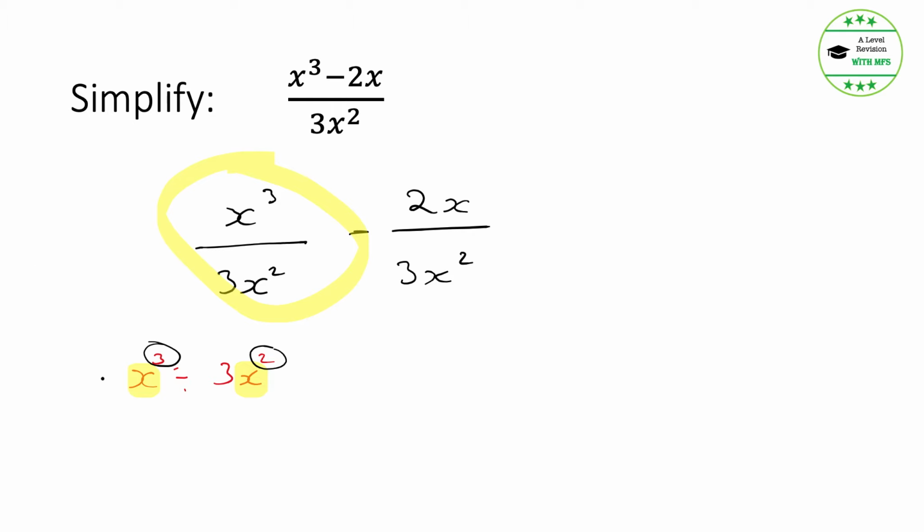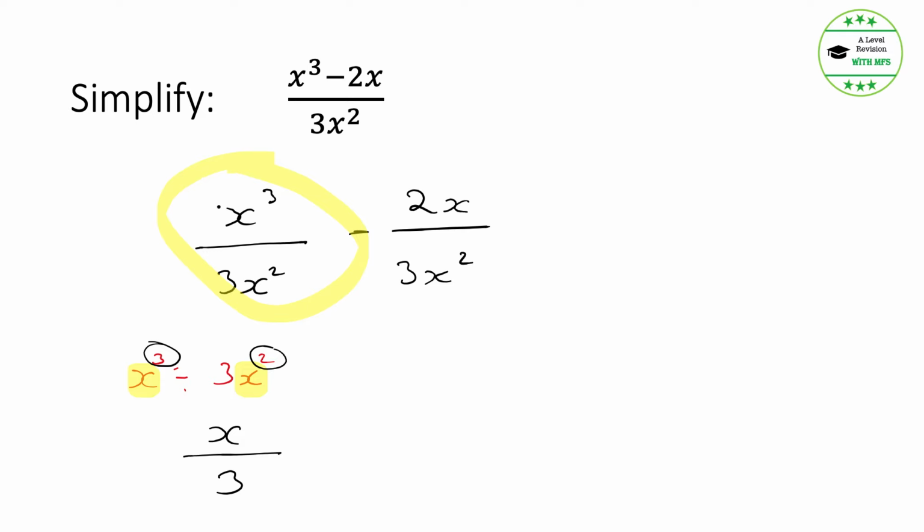So at the top we have x cubed and at the bottom we have x squared. That means we're going to get rid of everything at the bottom because we have one more x term at the top. So that's going to leave us with x at the top over 3 at the bottom.